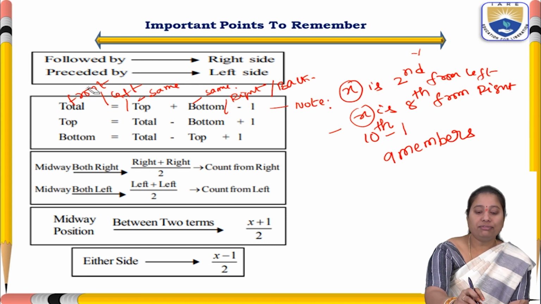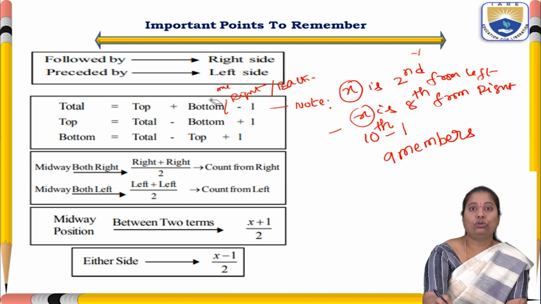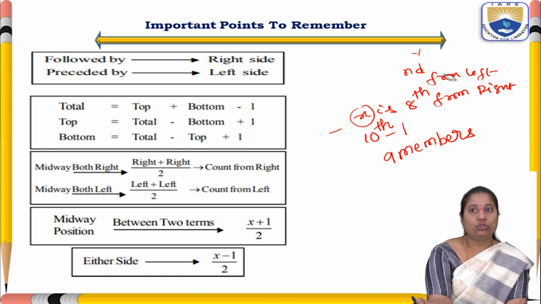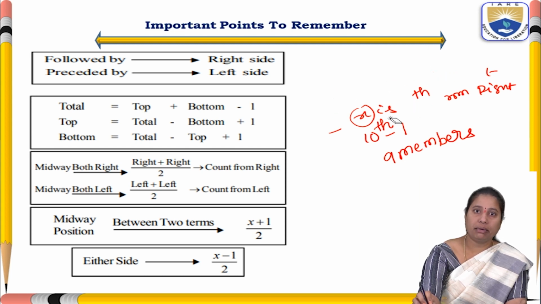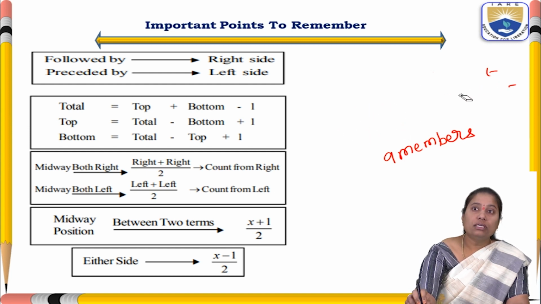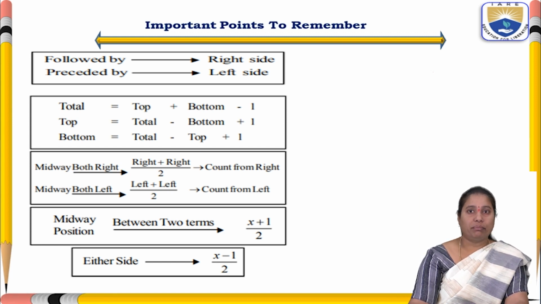But the base formula for this one is total equals top plus bottom minus 1. So this is the important formula we should remember, and we have to understand why that formula has come. Then only can we easily solve any kind of problems in this time ranking and numbering.